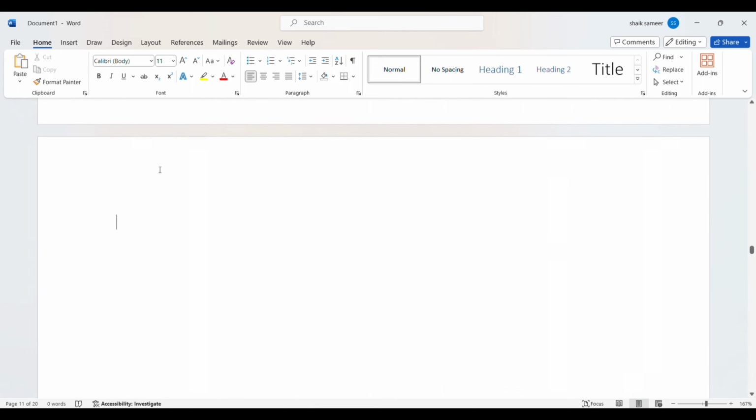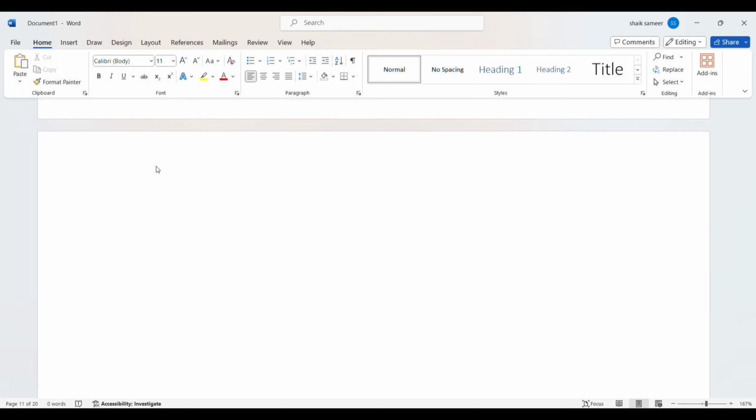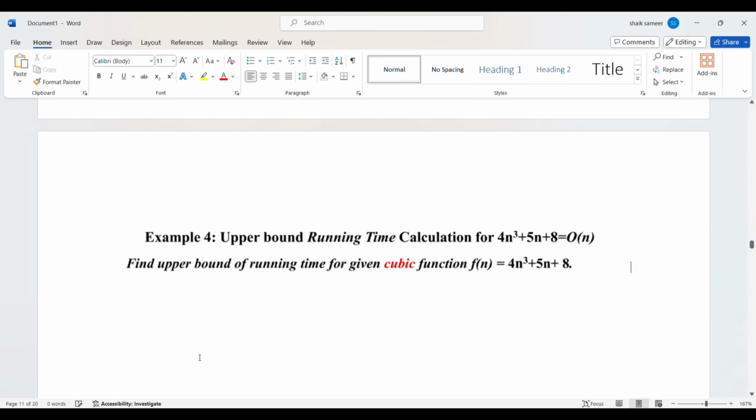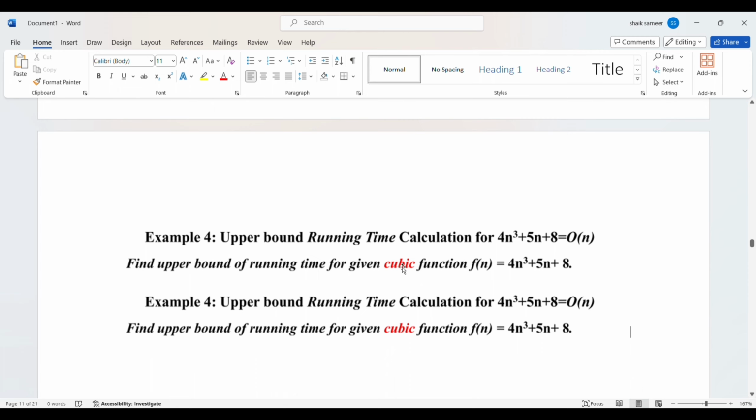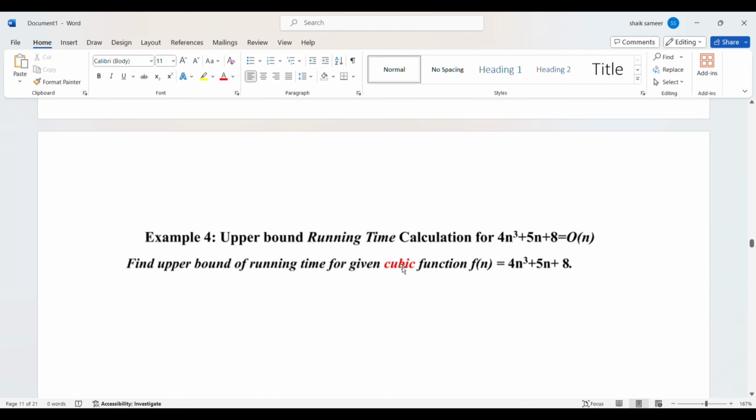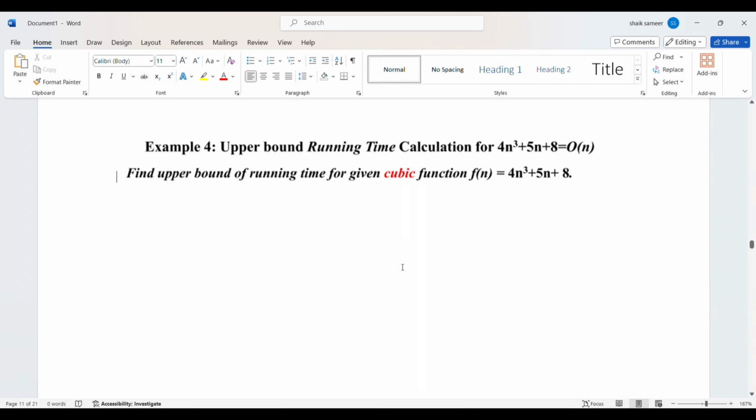Now let us look at example number 4, another example. When you look into this example number 4, similarly you can find that this is a cubic function.